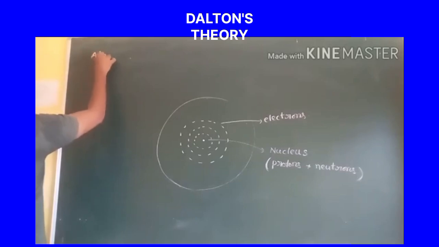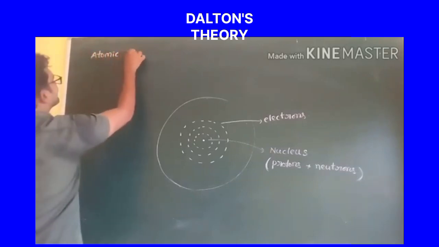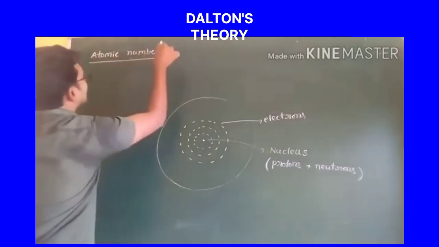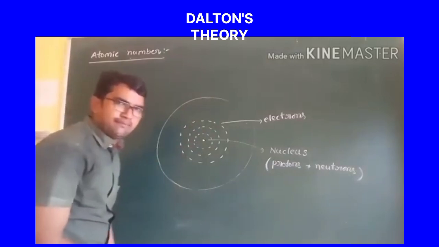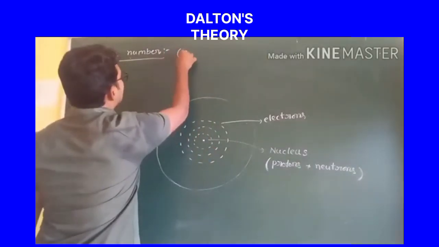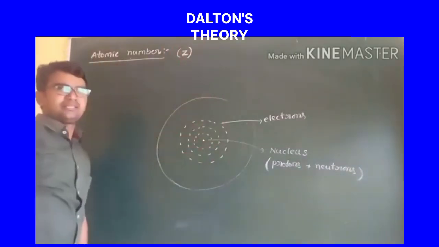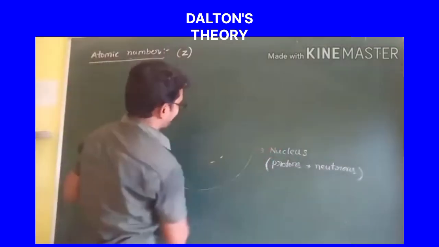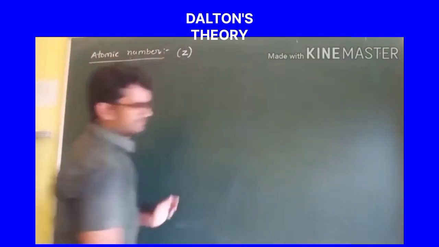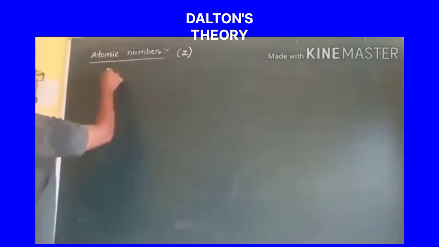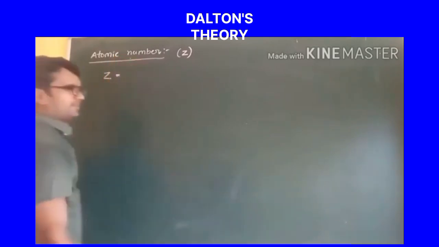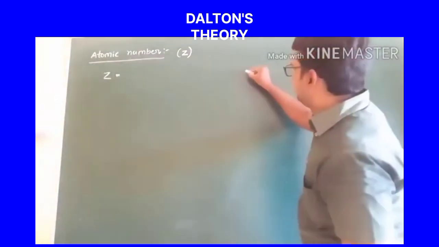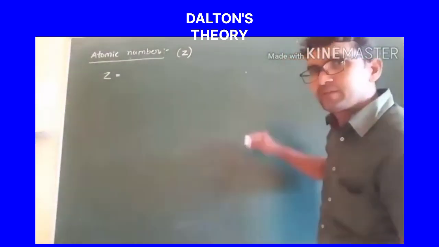Atomic number. Atomic number is denoted by the symbol Z. And Z equals, very simple, the number of protons or electrons. Remember this point, very important. This is the nucleus of an atom.